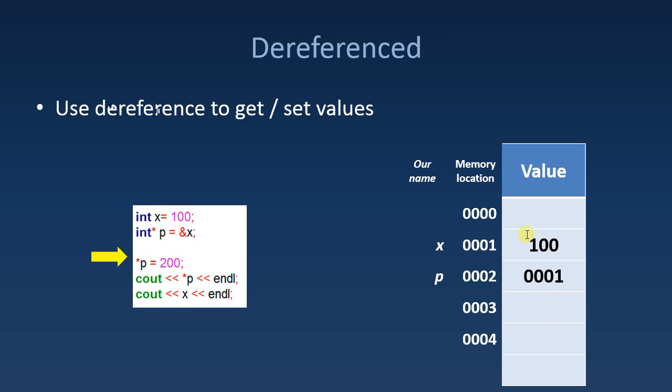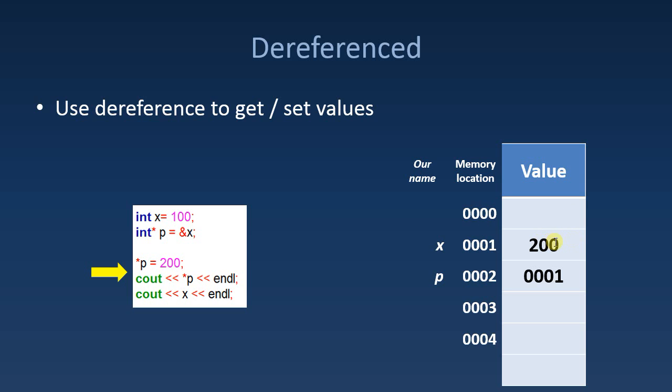We can do that to change a variable. If I have this code, I've set up p and x, and I'm about to run this line, it says, go to p, get what p has, 0001, go to that location, the star says dereference that address, and set it to be 200.